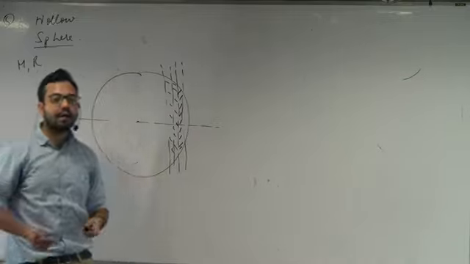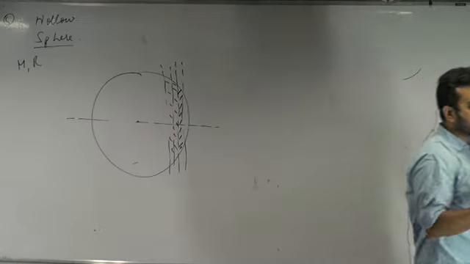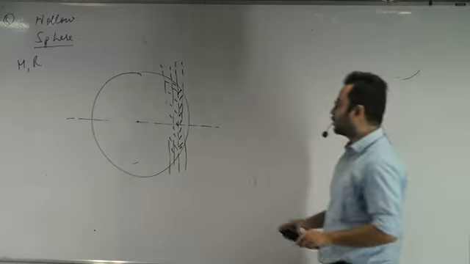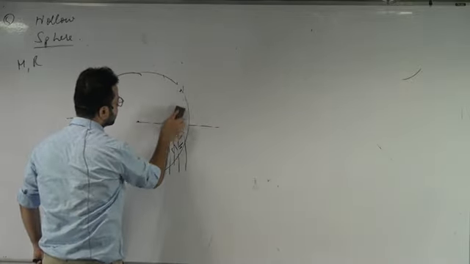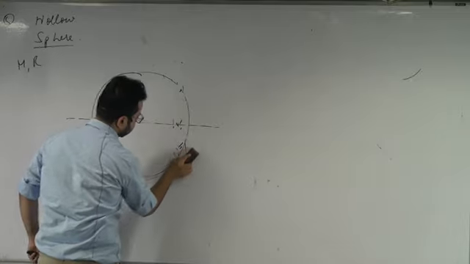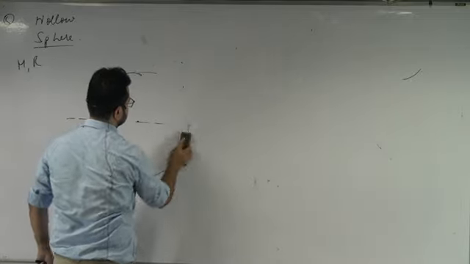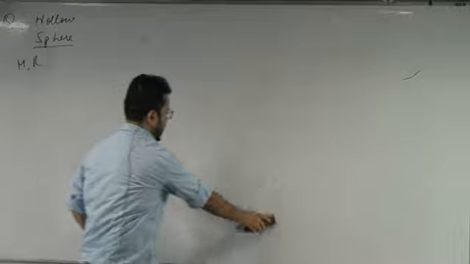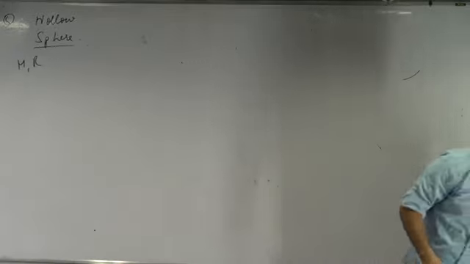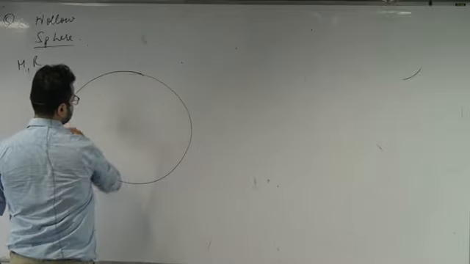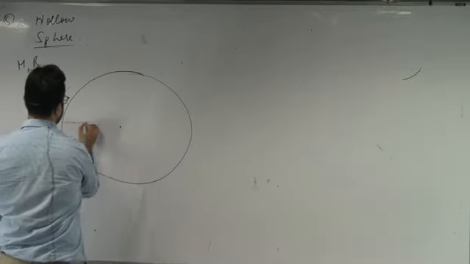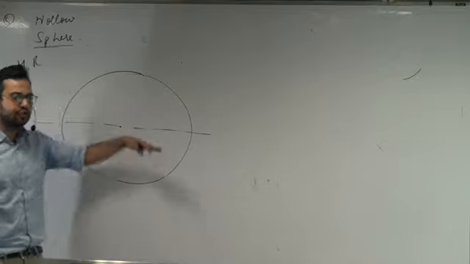Now we have to understand how we choose the position for the ring. So we are going to do it in this way. This is my axis.